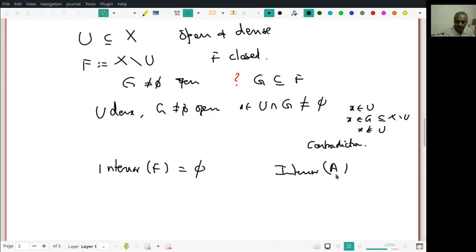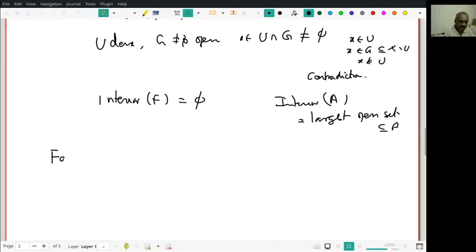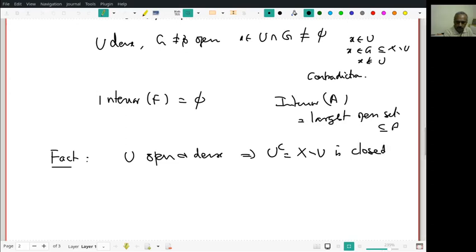The interior of a set A is the largest open set which is contained in A, right? So this is the fact we had established: U open and dense implies U complement, that is X minus U, is closed and the interior of U complement is empty.